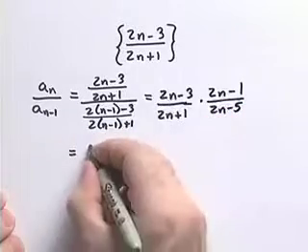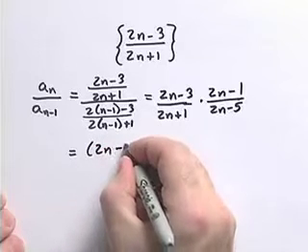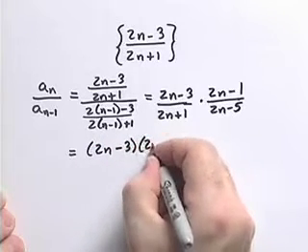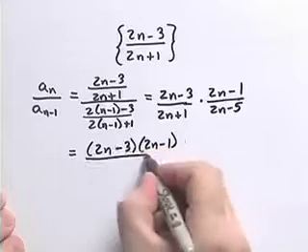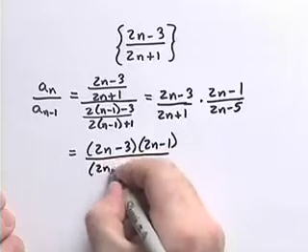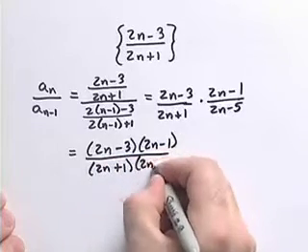We go ahead and do that multiplication. We'll just write this again as (2n - 3)(2n - 1). That's our numerator now. And our denominator will be (2n + 1)(2n - 5).